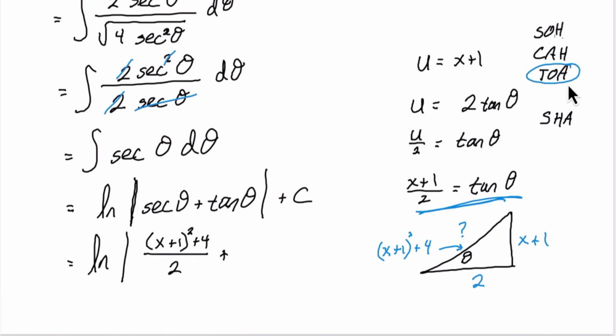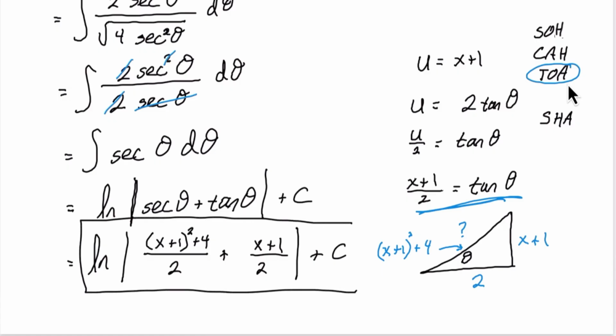And now tangent theta. Tangent is opposite over adjacent. So the opposite, x plus 1, over the adjacent, 2. Close the absolute value, and plus c. Lots of tedious steps, but we finally have the value of the integral.